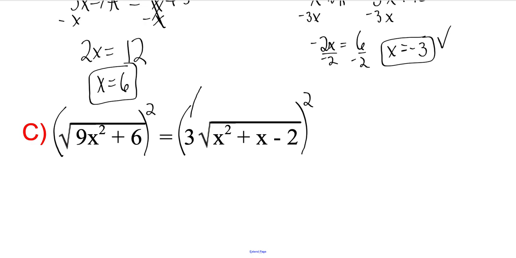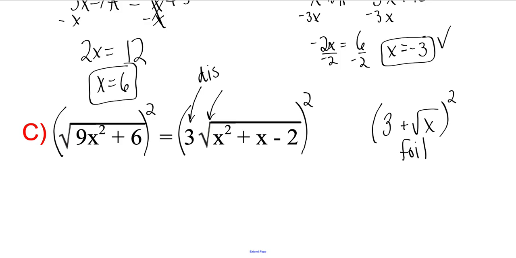That square needs to go to the 3 and the radical, all right? And I know before I said I can't distribute a square. That would be if I had something like this, okay? I cannot distribute squares here. So this one would have to be FOIL, and this one is distribute the exponent.